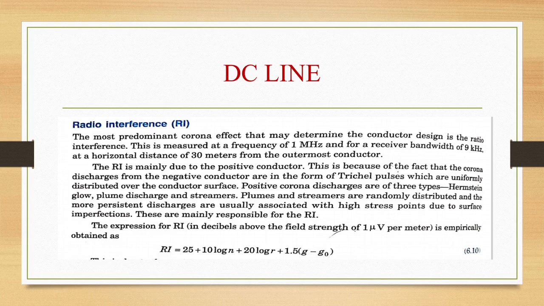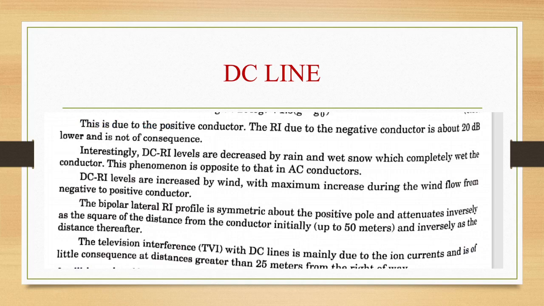The expression for RI in decibels above the field strength of 1 microvolt per meter is empirically obtained as RI is equal to 25 plus 10 log N plus 20 log R plus 1.5 into G minus G naught. This is due to the positive conductor. The RI due to the negative conductor is about 20 decibels lower.